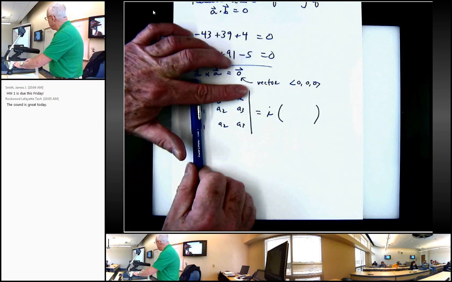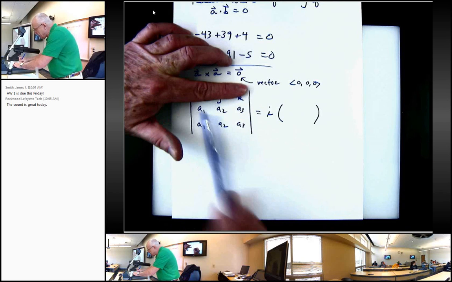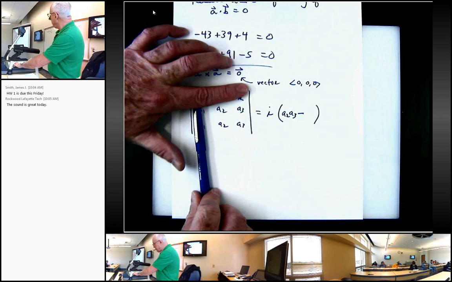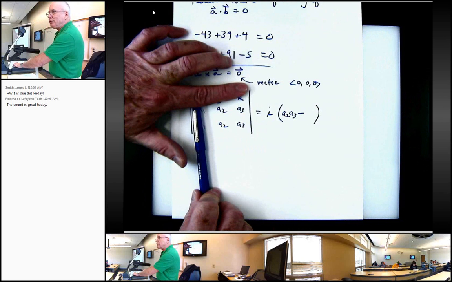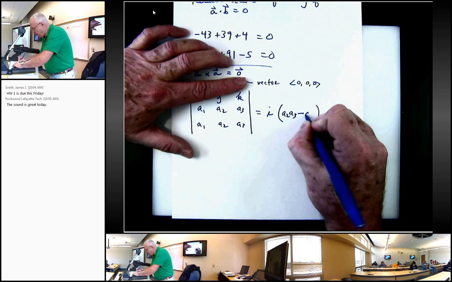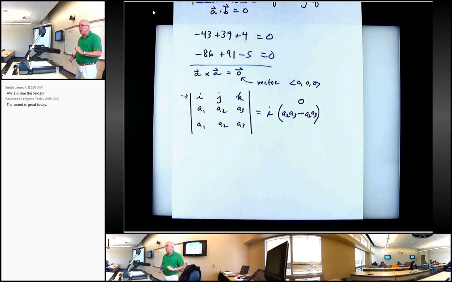Crossing out my rows and columns, I have A2 times A3, the down diagonal, minus, and then my up diagonal is also A2 and A3. So we see right there, I get a 0 for that first element.